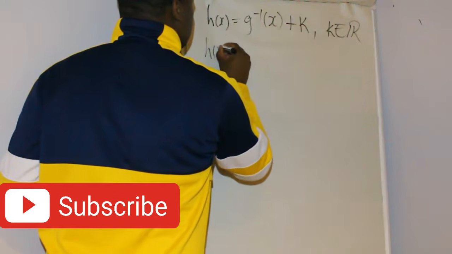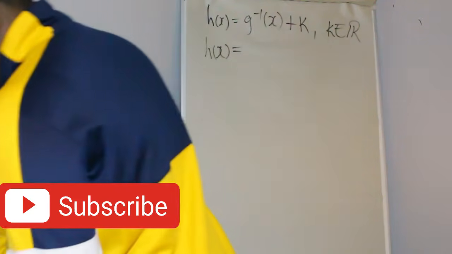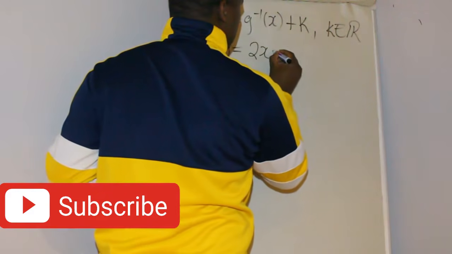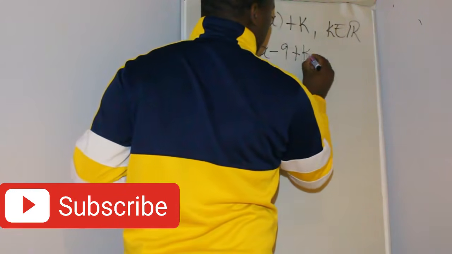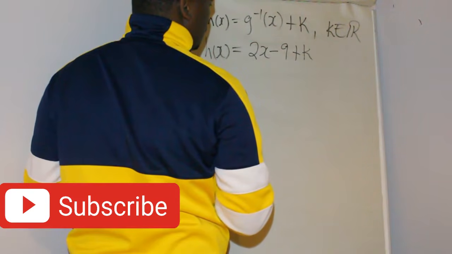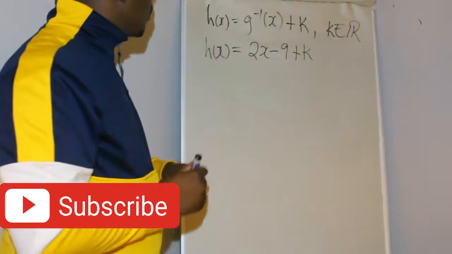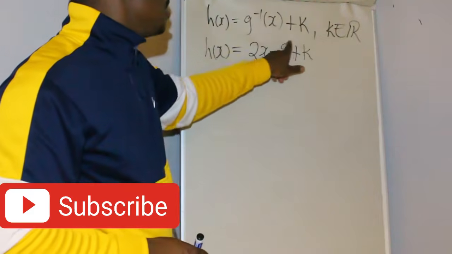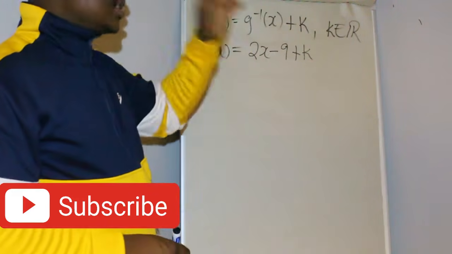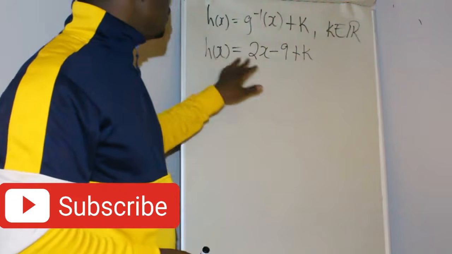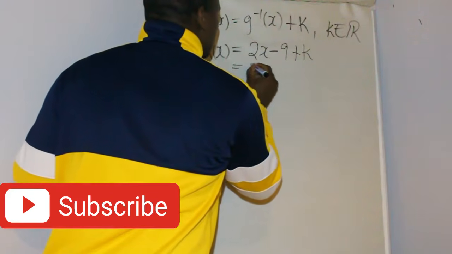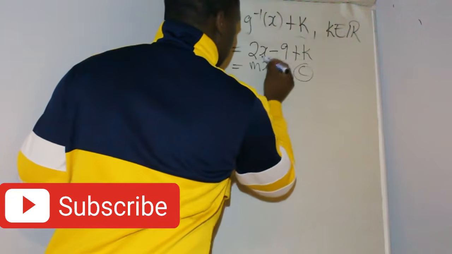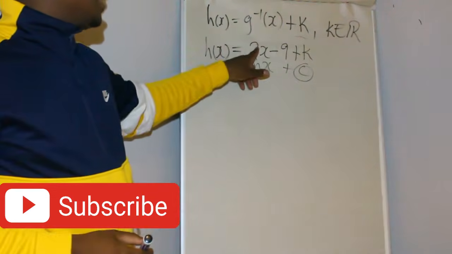So h of x is equal to g inverse; we know that it is 2x minus 9, so 2x minus 9 plus k. This is still a straight line, because both of these things are real numbers, so the answer is a real number. It's still in the form y is equal to mx plus c. So this is our c, and this is our graph.